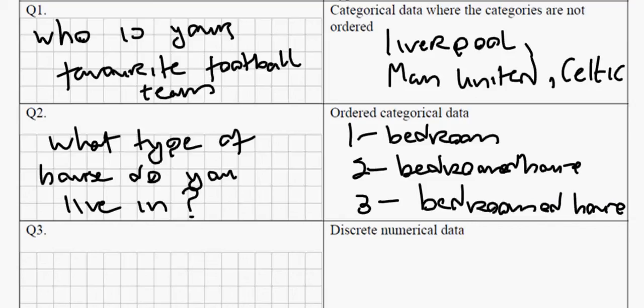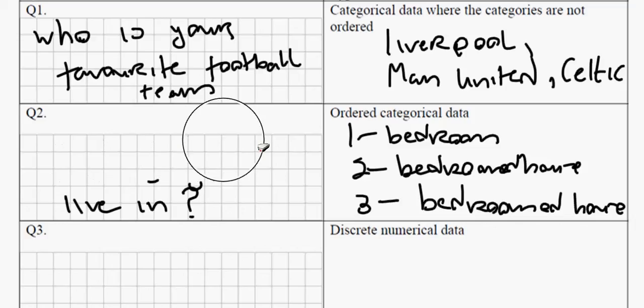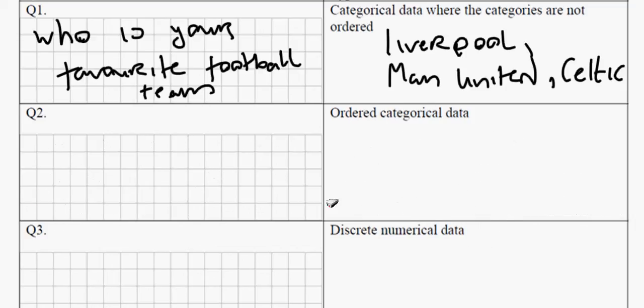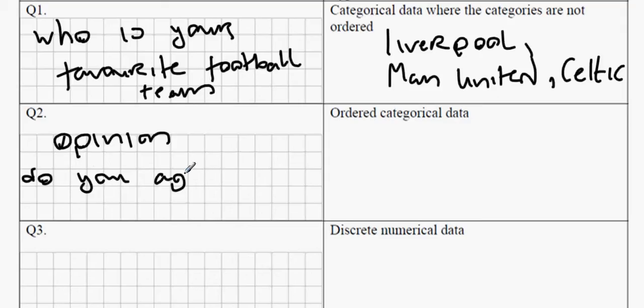Another example of ordinal categorical data could be opinion scales, okay? So I could say, do you agree with homework? Okay, so opinion scales.